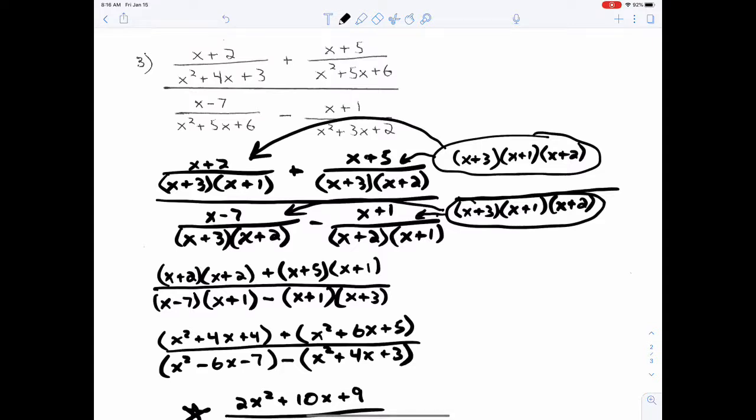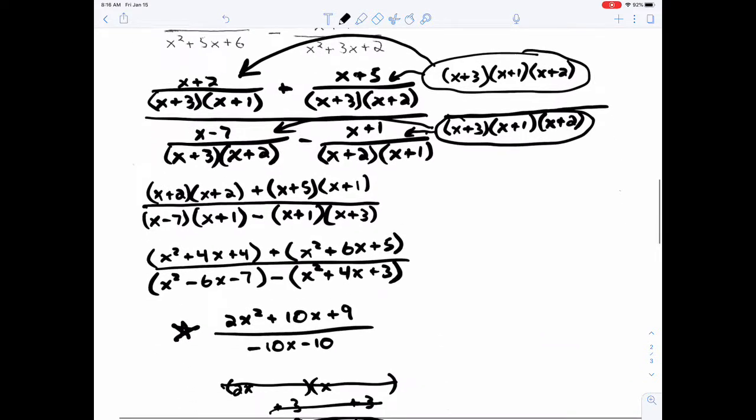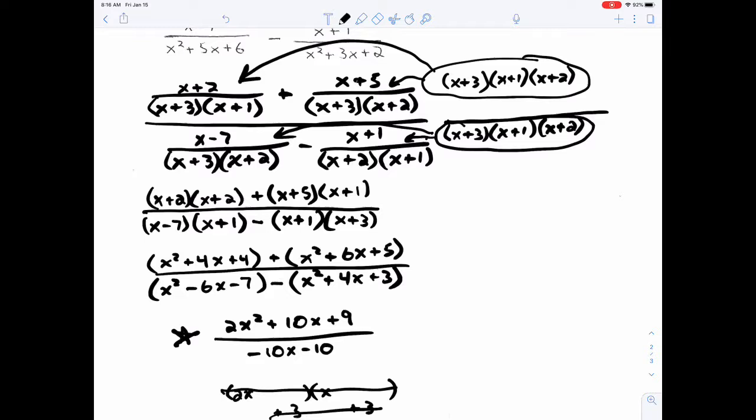Basically what you're doing is canceling out the denominators within the fraction, so you're getting rid of the fraction within a fraction. You're not getting rid of the fraction itself. You still have a fraction as the answer. Okay, if you have any questions on that, please come and see me.